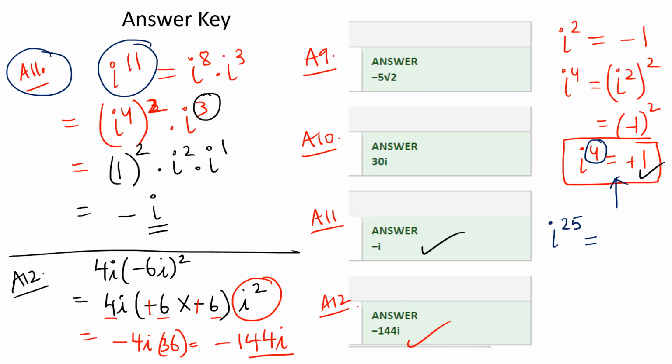So 6 fours are 24. So I can write i to the power 4, whole power 6. So this is 24. And how much is left? Only 1, because I need 25. Now i to the power 4 is 1. So this whole thing is 1. So what is your answer? Only i. Any power you can calculate using this value.